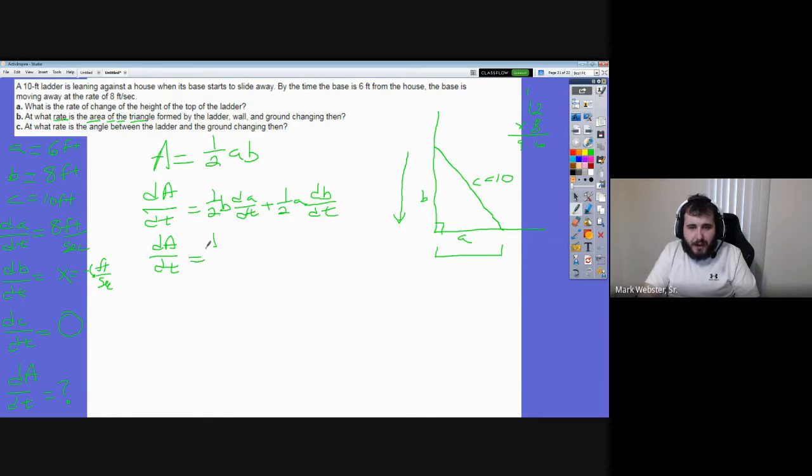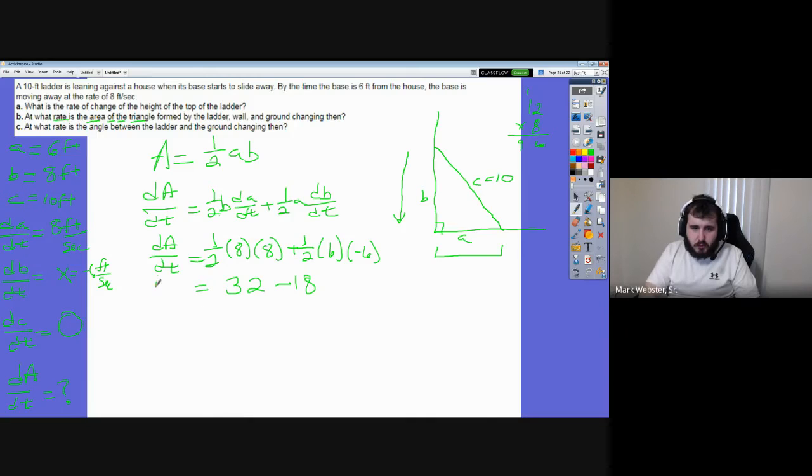let's figure this out. 1/2 of b, well, 8 times dA dt, that's 8. Plus 1/2 of a, that's 6, times dB dt, that is -6, right? So we've got 8 times 8 is 64, divided by 2 is 32. 6 times -6 is -36, divided by 2 is -18.